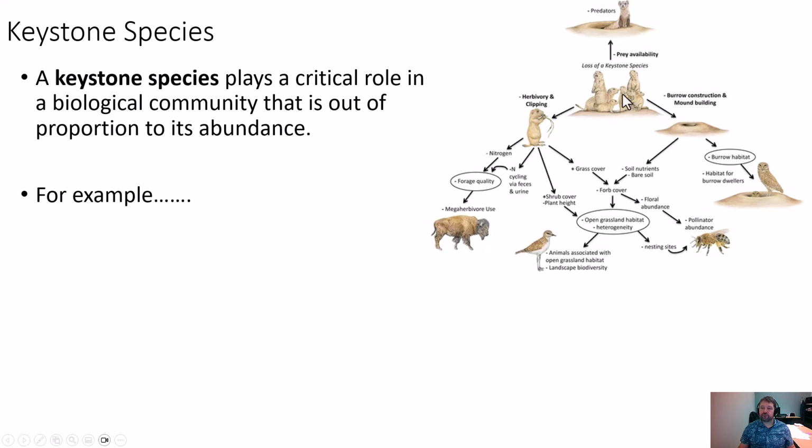So this is an example of that. If we're looking at a food pyramid, you have these primary producers and then primary consumers and then secondary consumers, etc. These primary consumers are driving this ecosystem, and you remove them, and it really changes a lot of things that are going on in the ecosystem.